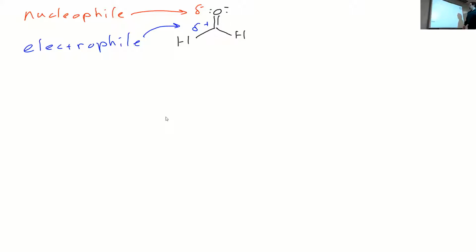In this video, we're going to look at how the physical properties of our carbonyls, which we've already looked at, will affect the reactivity of those carbonyls. So again, we have both a nucleophile and an electrophile on our carbonyl compounds. We have our oxygen in that double bond, which is nucleophilic due to the electronegativity of that oxygen.